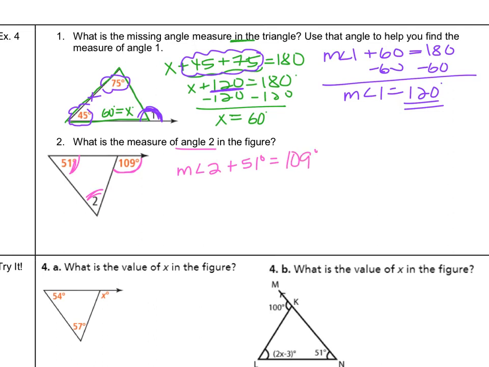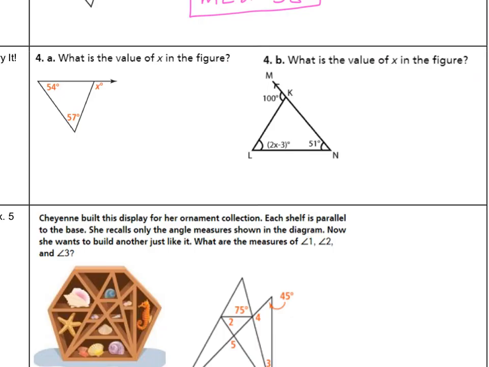Now, what would we do to get angle 2 by itself? This is just algebra again. Let's move that 51 to the other side. And the measure of angle 2 should equal 58 degrees. And that's how you use that theorem. It's really just algebra based.